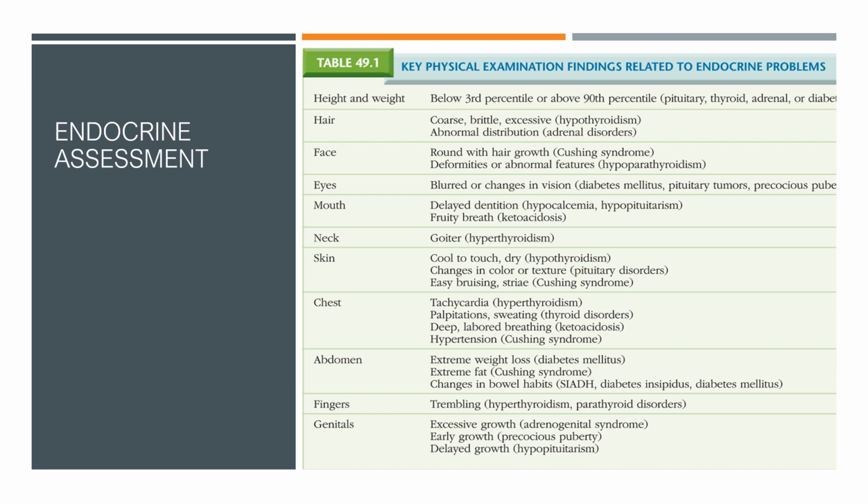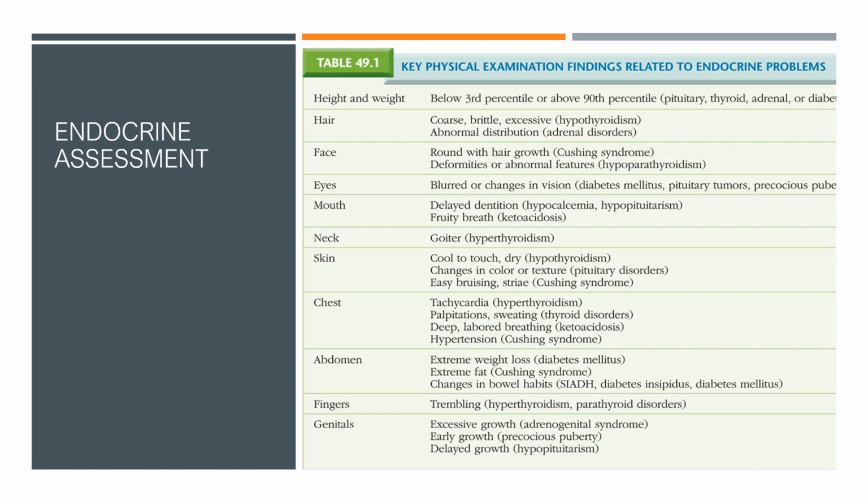This slide is the basic physical examination findings that you might see related to endocrine or neuroendocrine issues. Height and weight are going to be either low or very high, and these are usually related to pituitary, thyroid, adrenal, or diabetic issues.